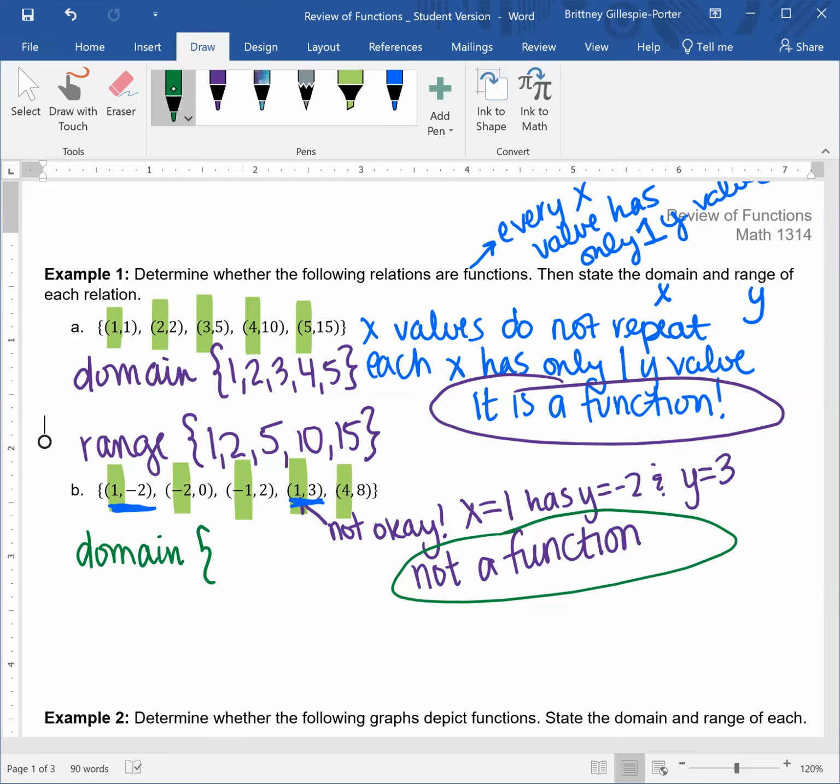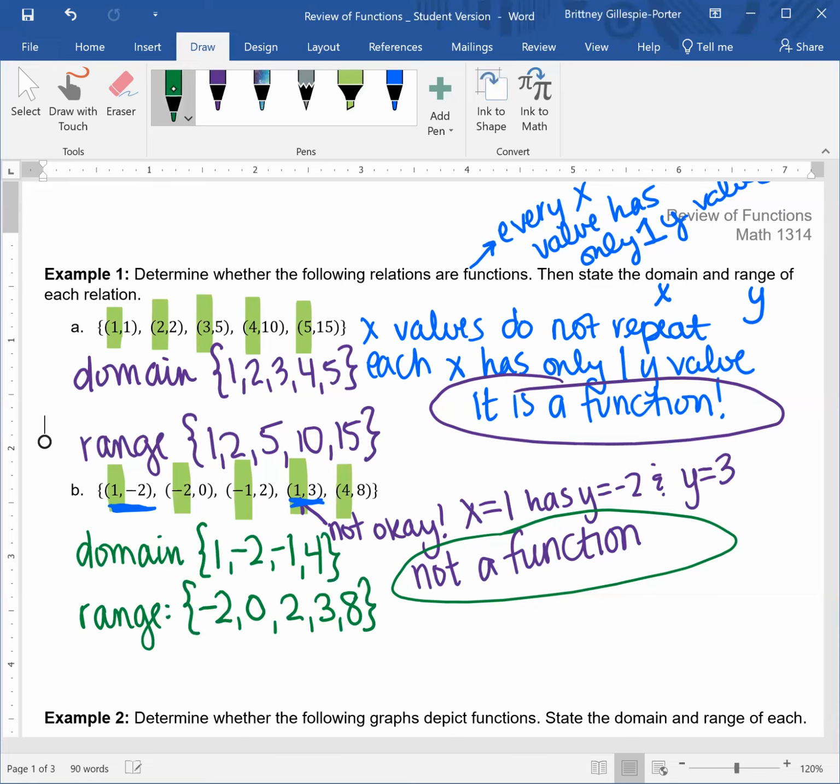Starting with our first x value, we have 1, -2, -1, 1 from 1, 3 is already on the list, so I don't need to write it again. And then 4 is my last x value. My range, remember, is all my y values. I have -2, 0, 2, 3, 8.